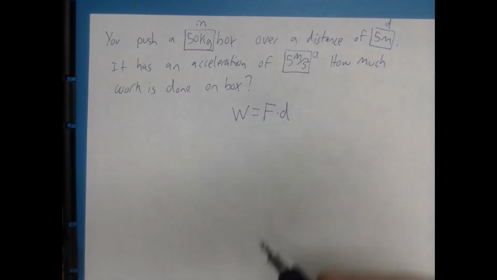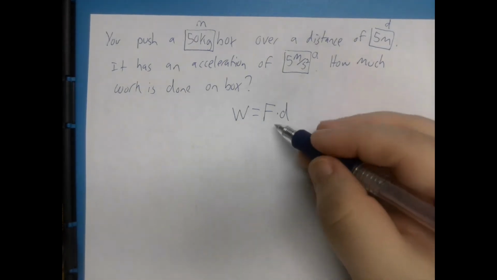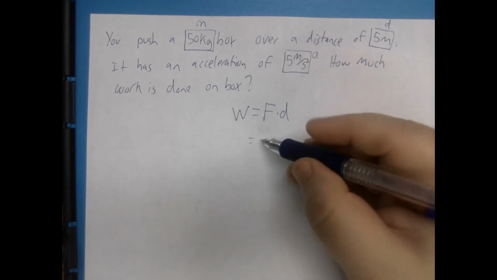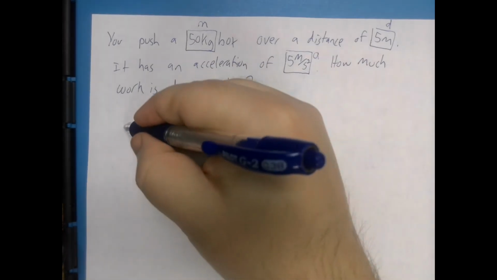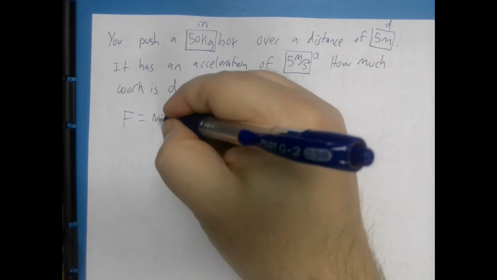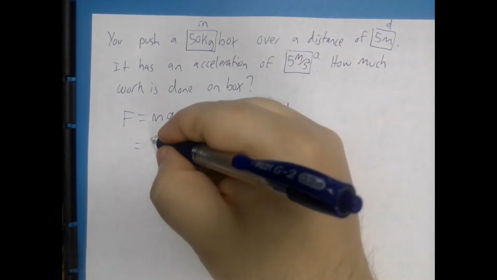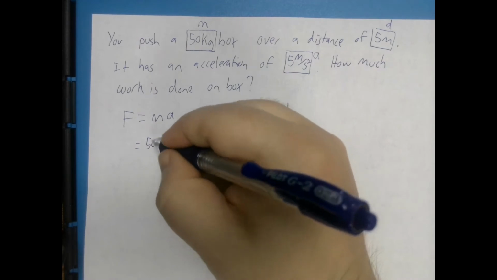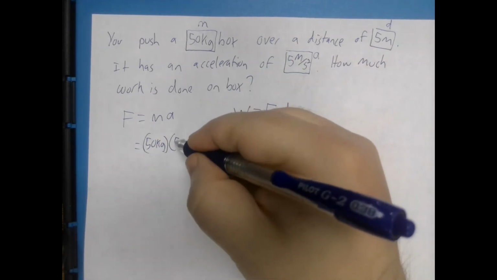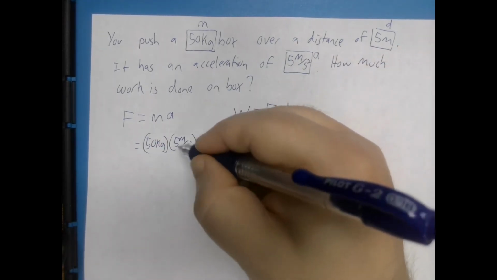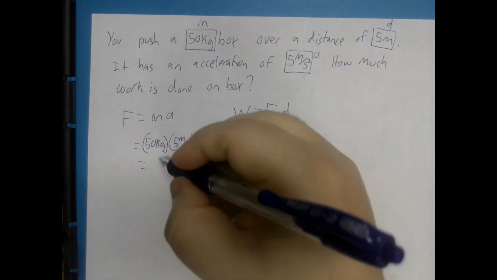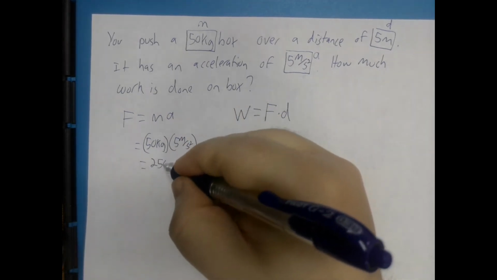Do y'all remember what force is equal to? So remember that force is equal to mass times acceleration. The mass was 50 kilograms. The acceleration is 5 meters per second squared. So that's 250 newtons.